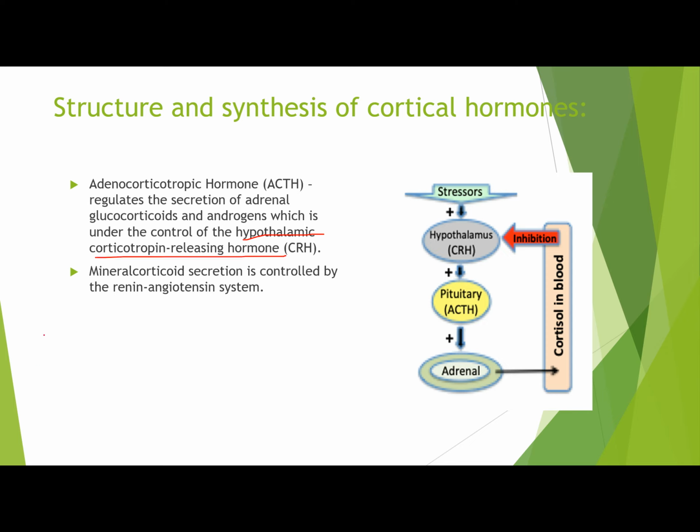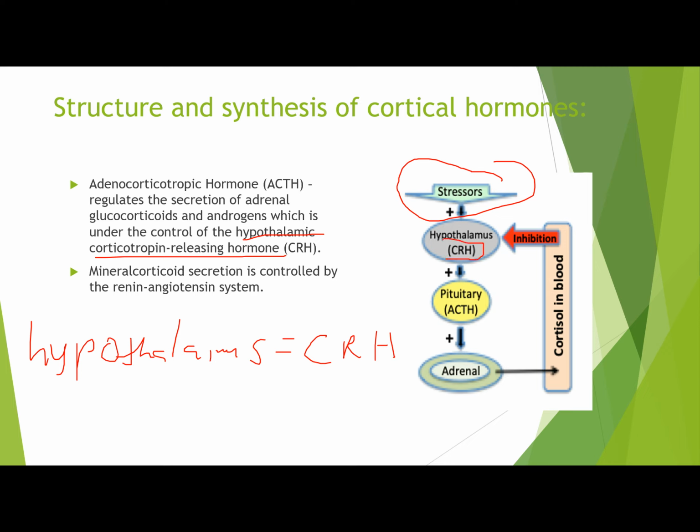Dito naman si hypothalamus would secrete the corticotropin releasing hormone. So ito na lang. When the body is suffering from stress, mag-create si hypothalamus ng CRH. CRH class would act on the pituitary, causing the creation of ACTH.